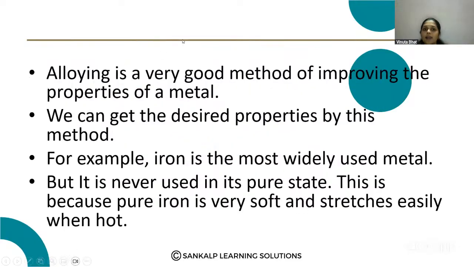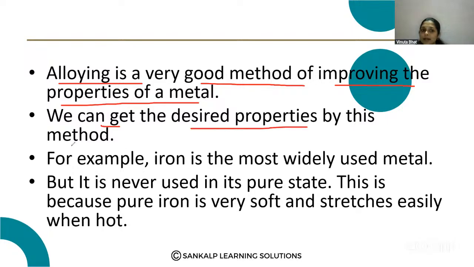Next thing, alloying. What is alloy and what is alloying? Alloying is a very good method of improving the properties of the metal. So we can get the desired properties by this method. What is alloying? That we have to learn first.